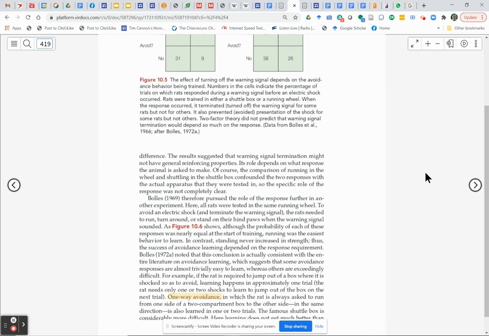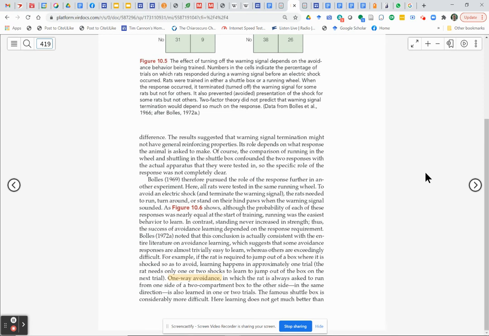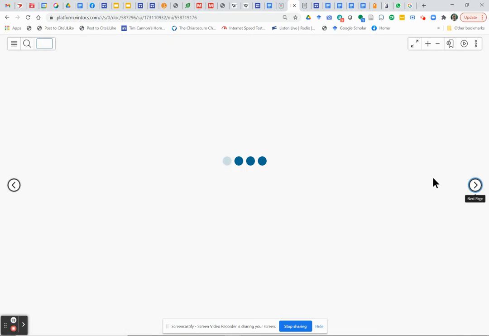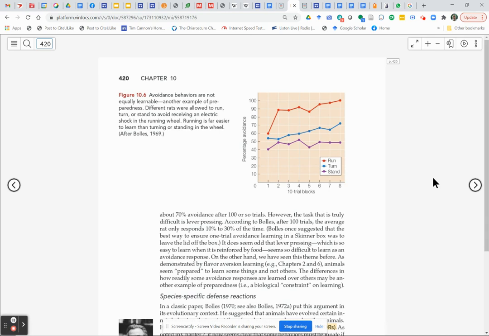There's the term one-way avoidance, where the animal just has to go in one direction. But there's also two-way. One-way is really easy for the animal to learn. Two-way, where the animal has to go back to what was the start box to avoid the next shock, is not so good.